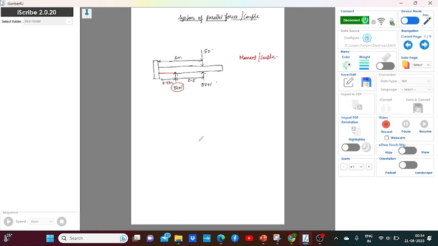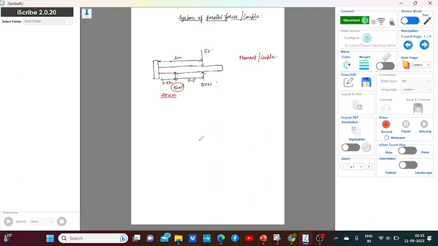So how much couple this person is applying is 50 into 0.5, which is 25 Newton meter. So this person is giving the ability to turn this door by a value of 25 Newton meter.